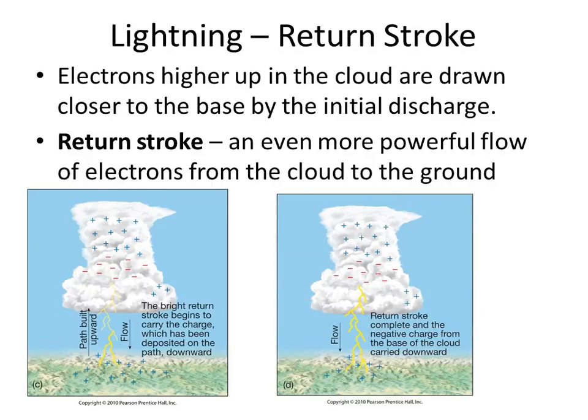I think this says return stroke, an even more powerful flow of electrons from the cloud to the ground. So basically this is kaboom, or I guess that's the thunder. We'll talk more about this. This is the bright one, but before it was something less.